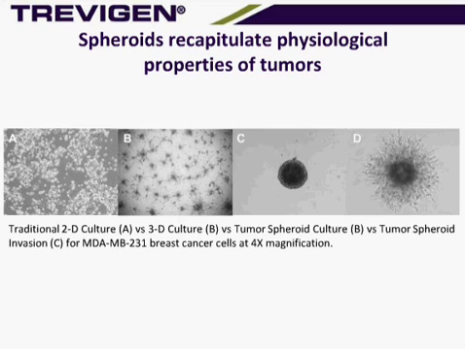And I'll talk about that on the next slide. We see in figure D that when we embed this spheroid into an extracellular matrix hydrogel, the cells can invade out of the spheroid and into the surrounding matrix, similar to what we see with the early metastasis.